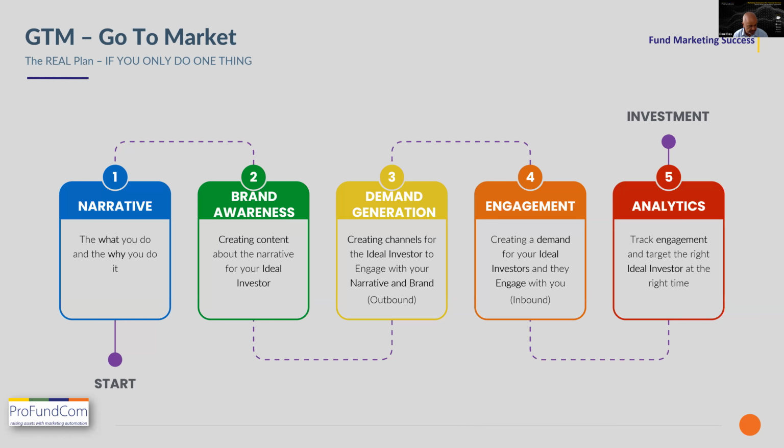ProFundCom really helps managers, and this is really key to what a fund manager and a marketing manager does, build out your go-to-market strategy. Whether you're using ProFundCom or any other products out there, the fund marketer pillars are built around building out a go-to-market strategy.